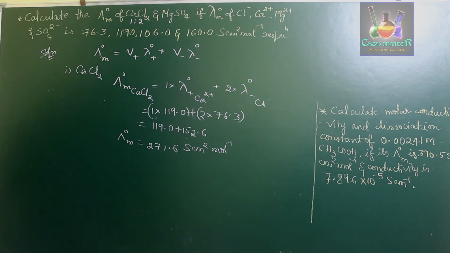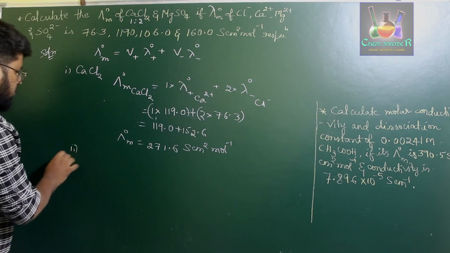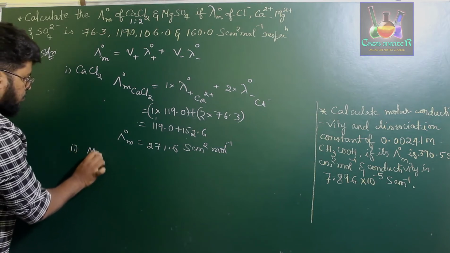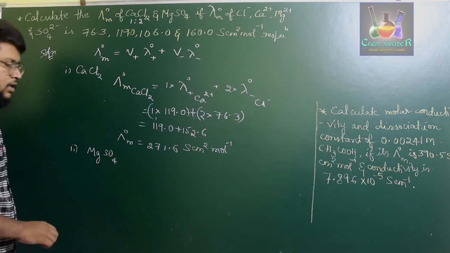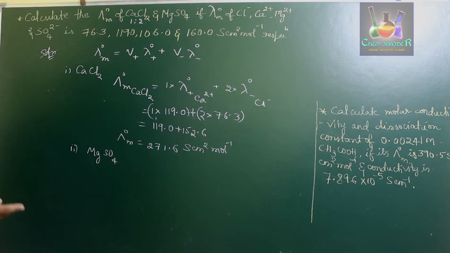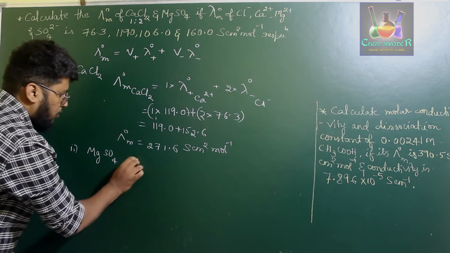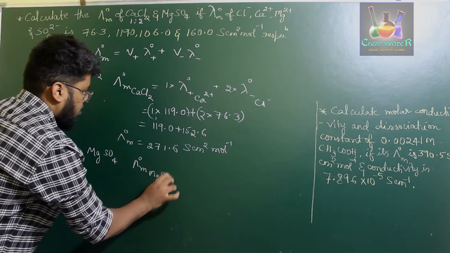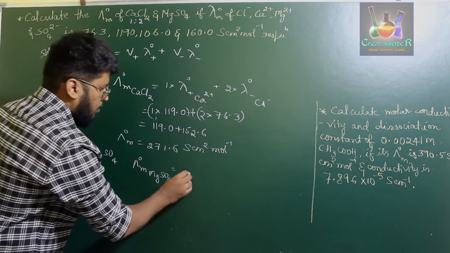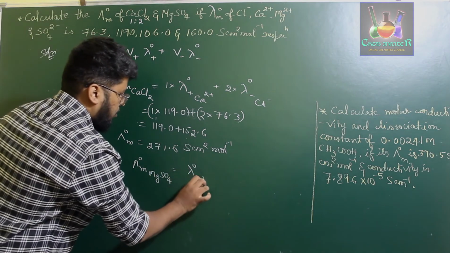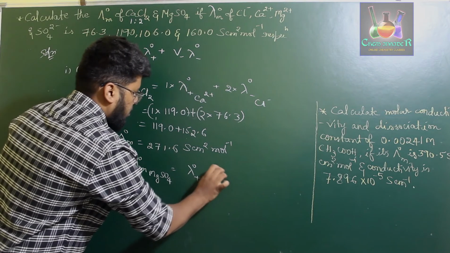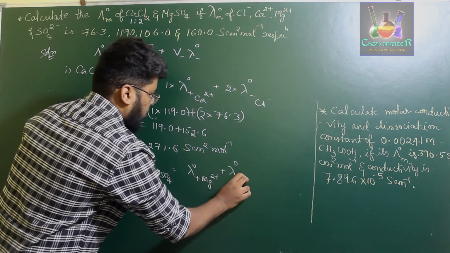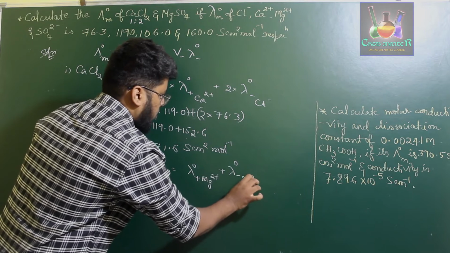Next, for the second one, MgSO4, in this particular case we are using two equal charges of ions. Therefore, lambda m naught of MgSO4 is equal to lambda plus naught of Mg2 plus plus lambda minus naught of SO4 2 minus.